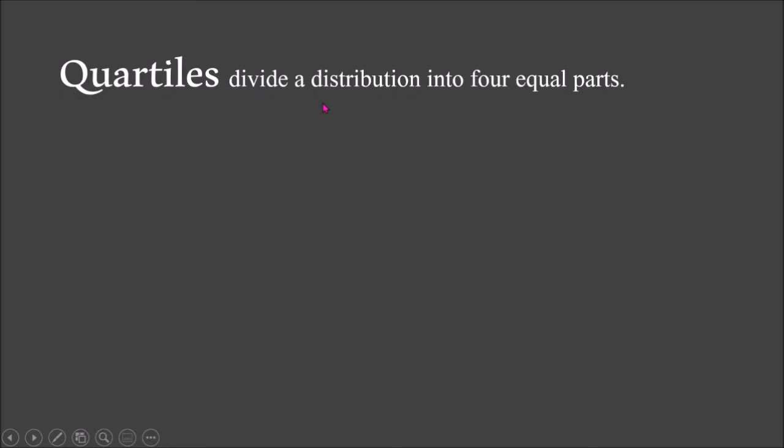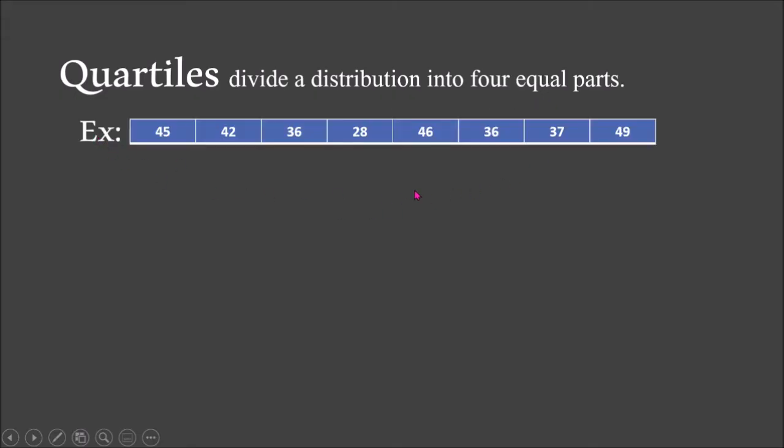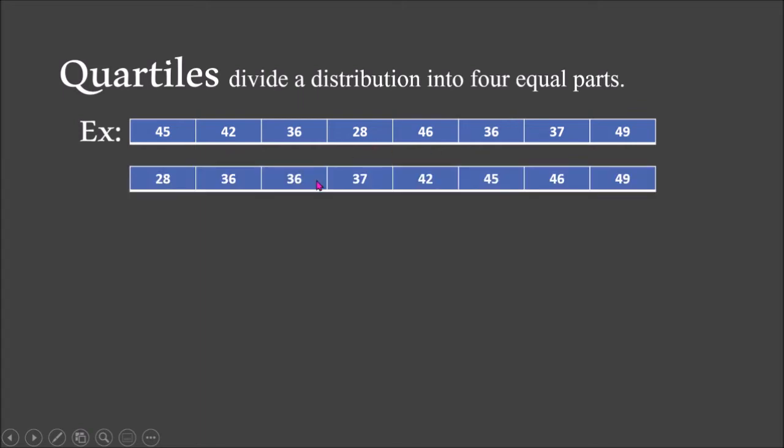Okay, let's have quartiles. When we say quartiles, again, we're going to divide the distribution into 4 equal parts. Let's say, for example, this given data: we have 45, 42. It decreased and decreased, but then it increased. So these data are not arranged properly, and what we're going to do first is arrange them.